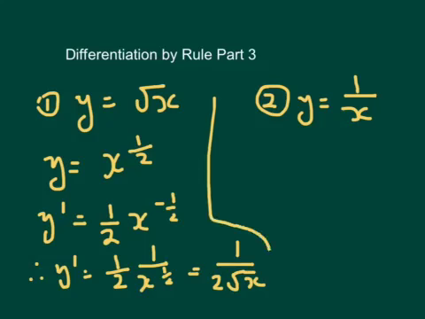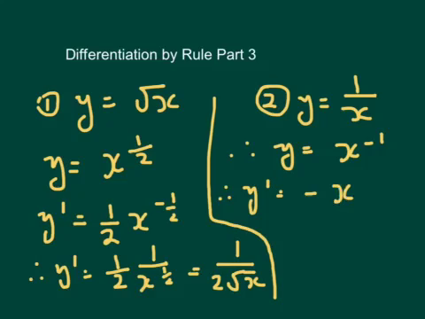Okay, let's have a look at problem 2. Y equals 1 over x. Well, that's not in what I'd call calculus friendly form either. So we would call this y equals x to the power of negative 1. Now we proceed to differentiate as usual. Therefore y dash is going to equal, bring the index out front, negative 1, except we don't need the 1, do we?